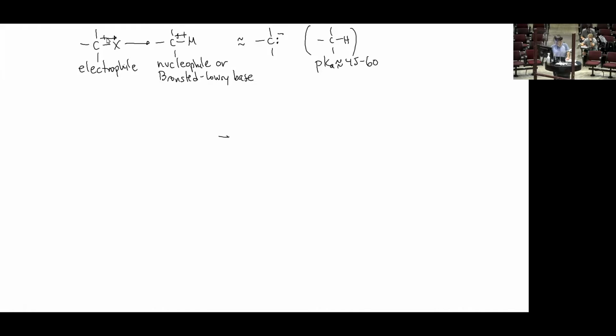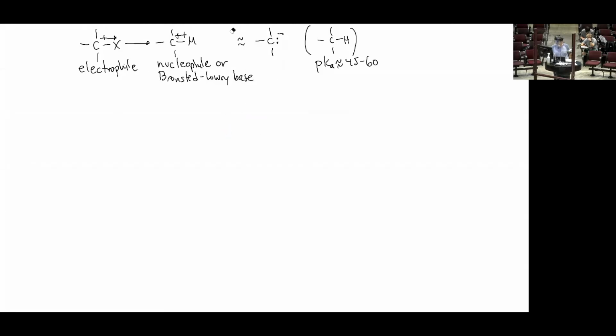It's going to be doing the opposite of the halogen. So whatever the wizardry is that goes on here, over the course of that process, we have reversed the characteristic reactivity that we started with. We started off with this organic compound being an electrophile, and now it's going to be a good nucleophile, or perhaps a good Bronsted-Lowry base.